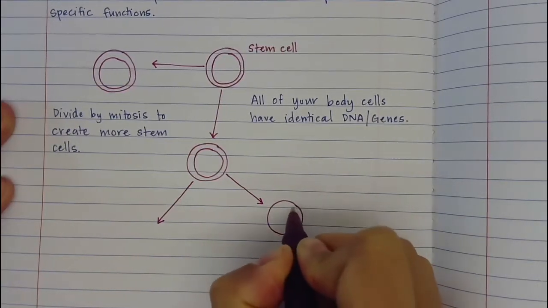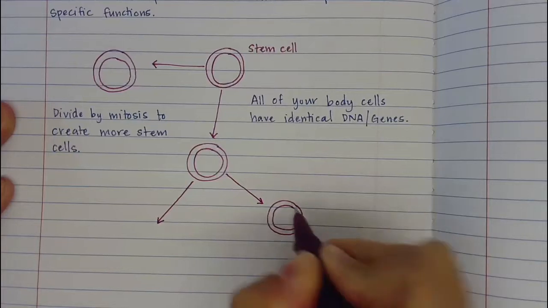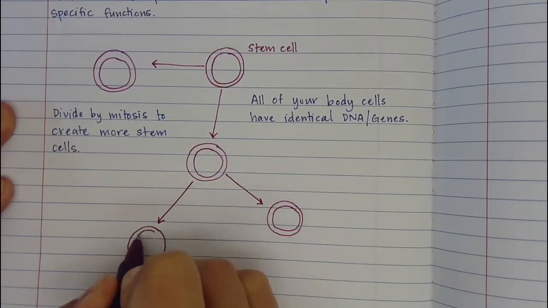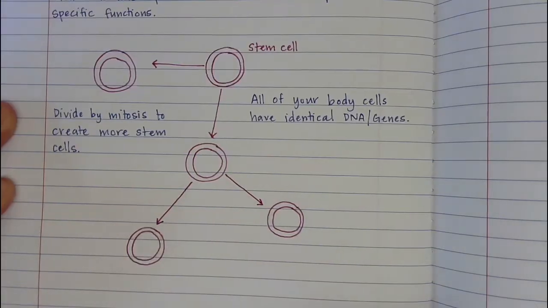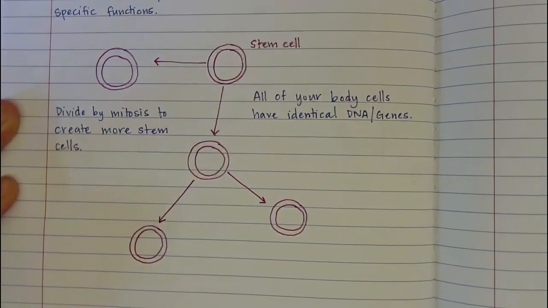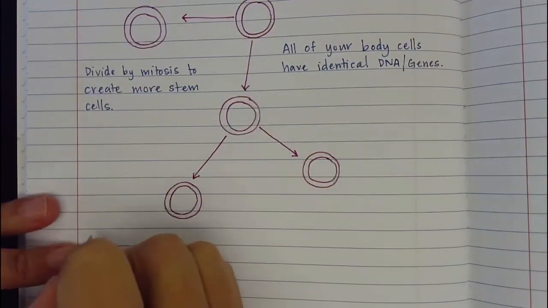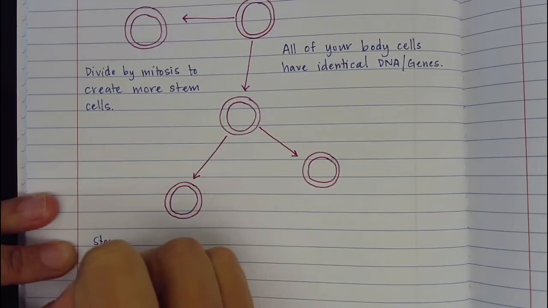And every time it divides, it makes 2 identical cells. Identical because they have identical DNA. And these stem cells, they can divide indefinitely, which means forever, as many times as they want.